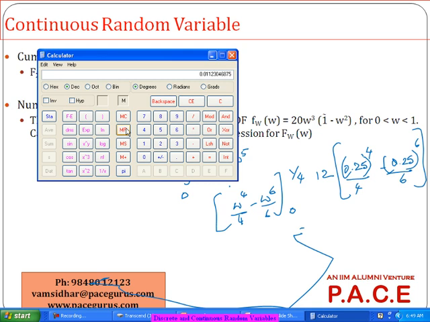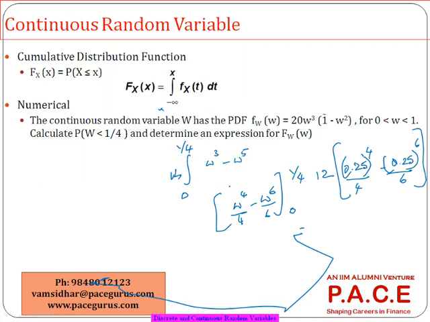So the probability that the value lies below 1 by 4 is 0.011.